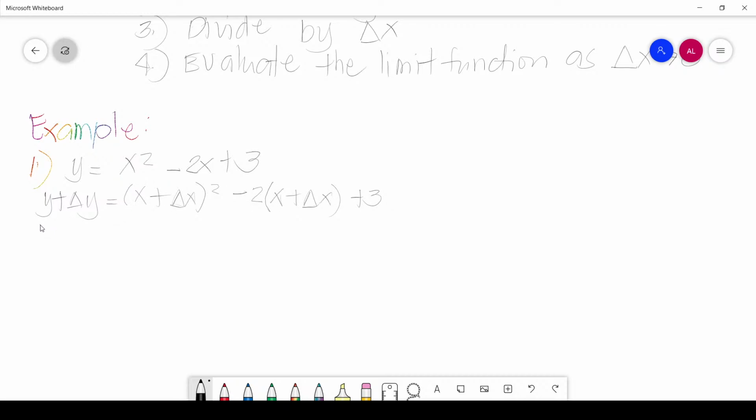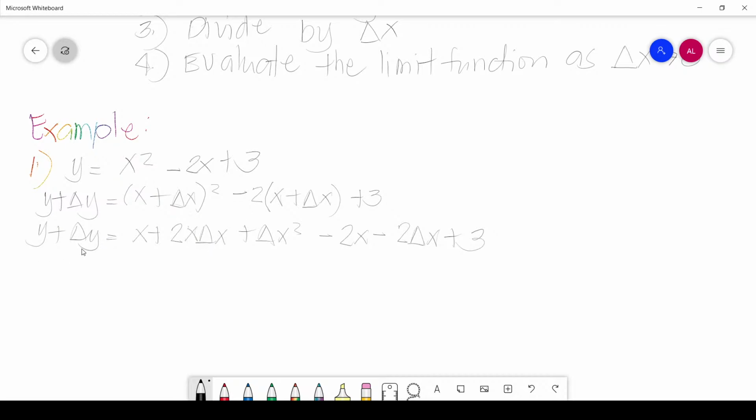So, y plus delta y is equal to, what we did so far was just substitute, and now we expand. So, x squared plus 2x delta x plus delta x squared, then minus 2x minus 2 delta x plus 3.